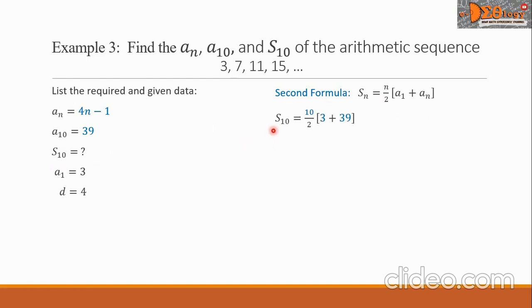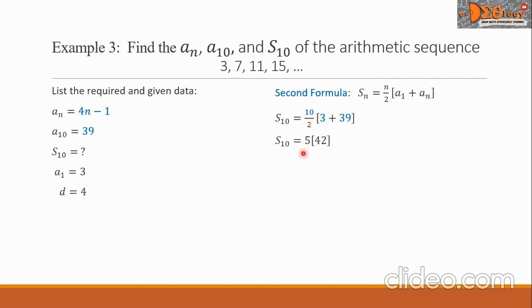So S sub 10 equals n over 2 is now 10 over 2 multiplied by a sub 1, the first term is now 3, plus a sub n, or this is a sub 10 equals 39. Simplifying further, 3 plus 39 is 42, and then 10 over 2 is 5.